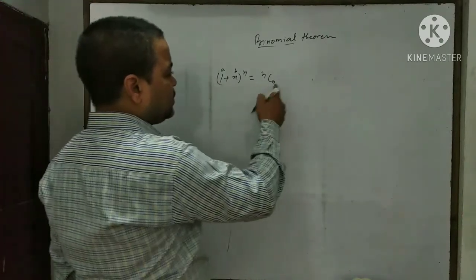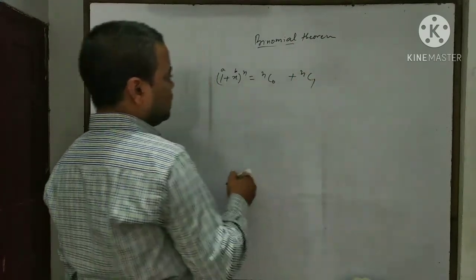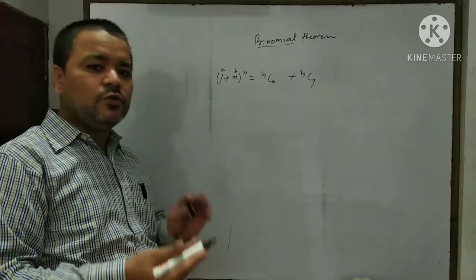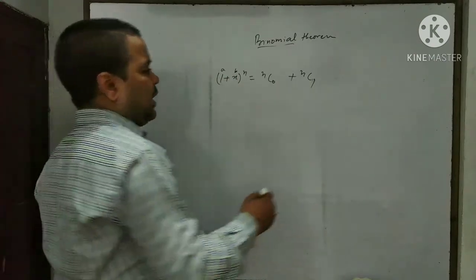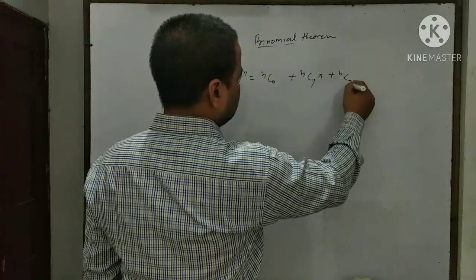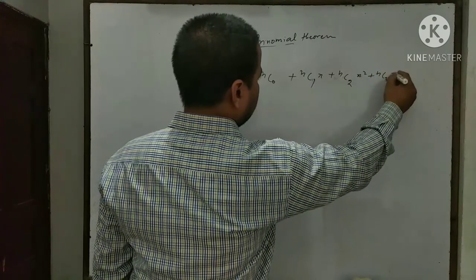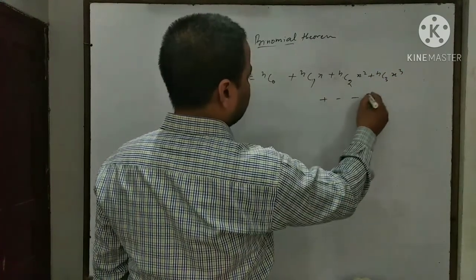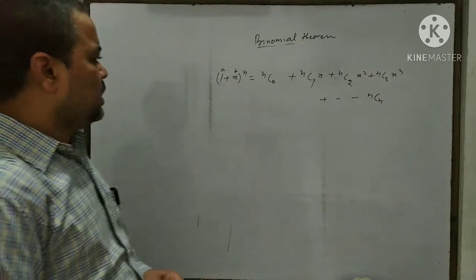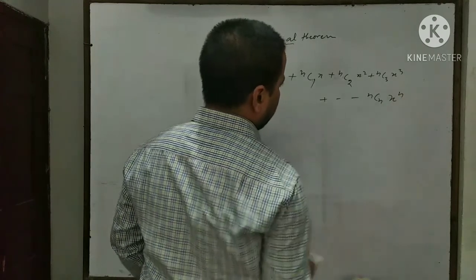So here nC0 plus nC1 a raised to the power n minus 1, meaning 1 raised to the power n minus 1, the value will be 1 only, and here it will be x. Similarly, nC2 x square plus nC3 x cube. Similarly here nCn, and here x to the power n.